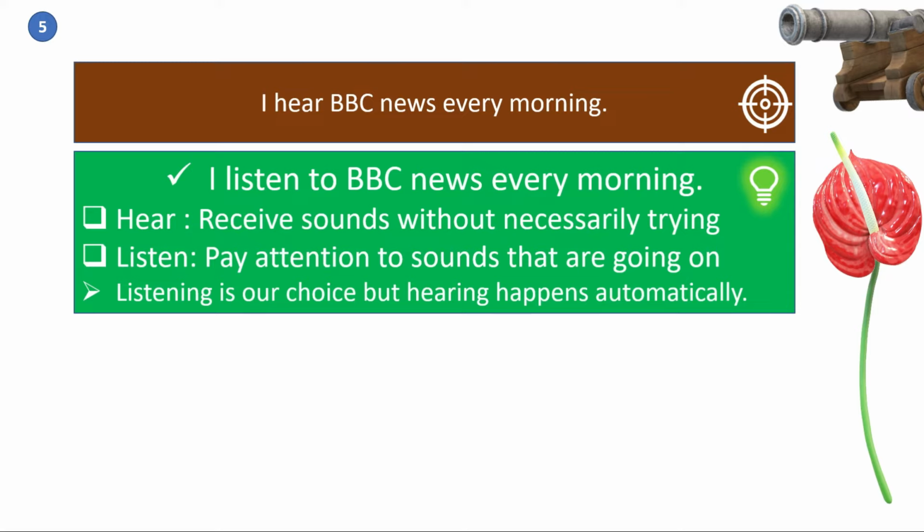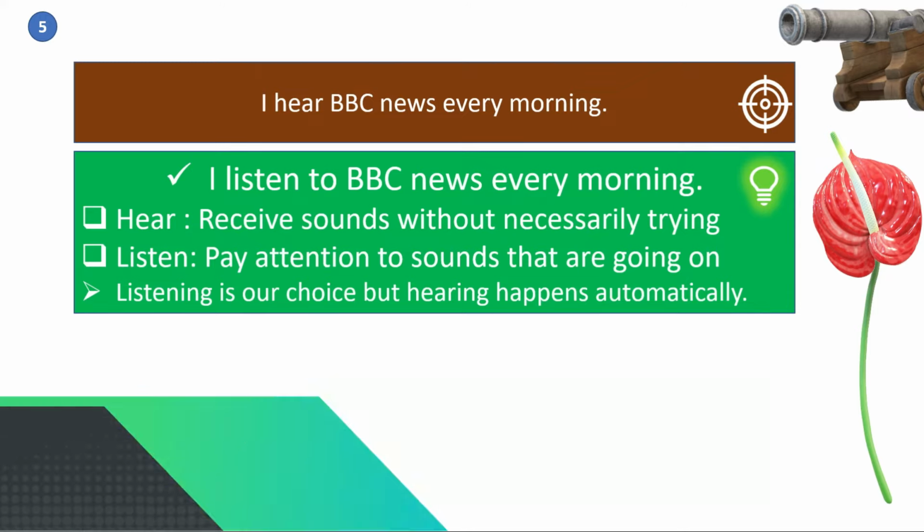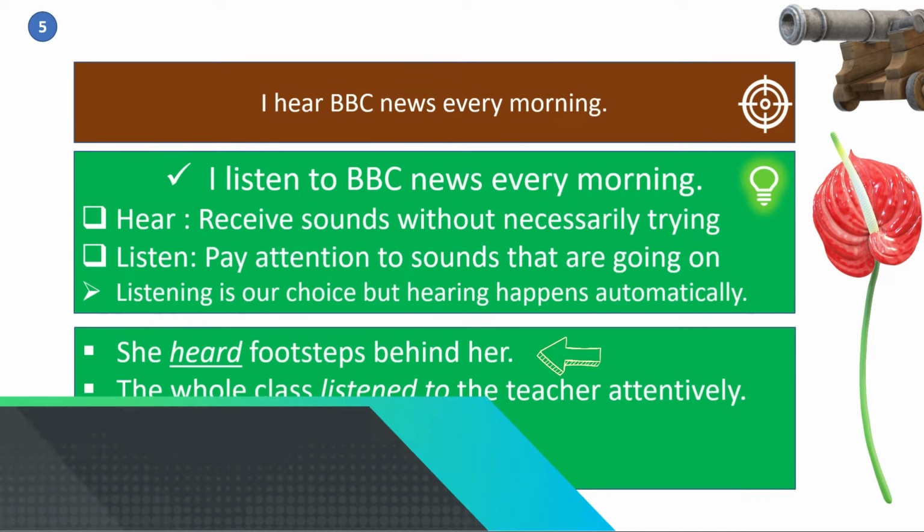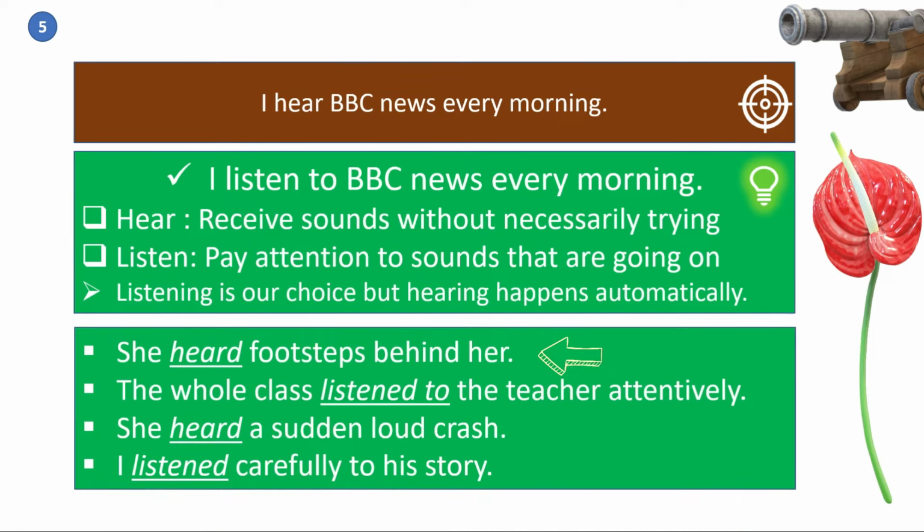Okay, I think I can help you with a few more examples here. She heard footsteps behind her. Means here she did not deliberately try to listen to something. The whole class listened to the teacher attentively. Now here you can understand that the class of students tried to listen to what the teacher was actually saying.